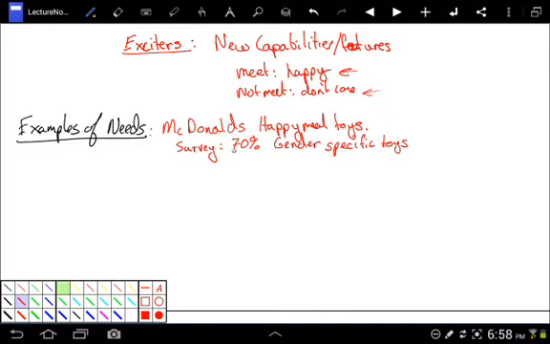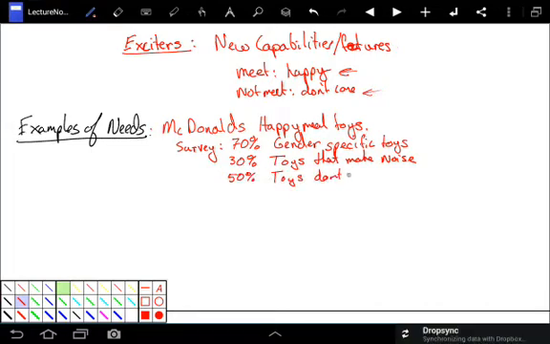And you find that 30% of parents want toys that make noise. Actually, you might also find that 50% want toys that don't make noise.